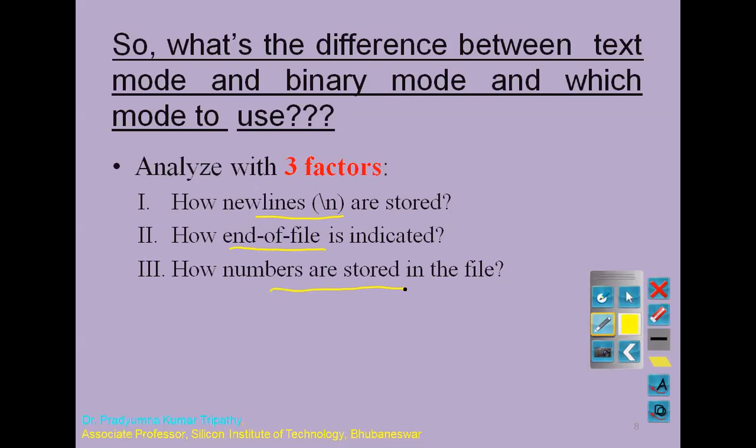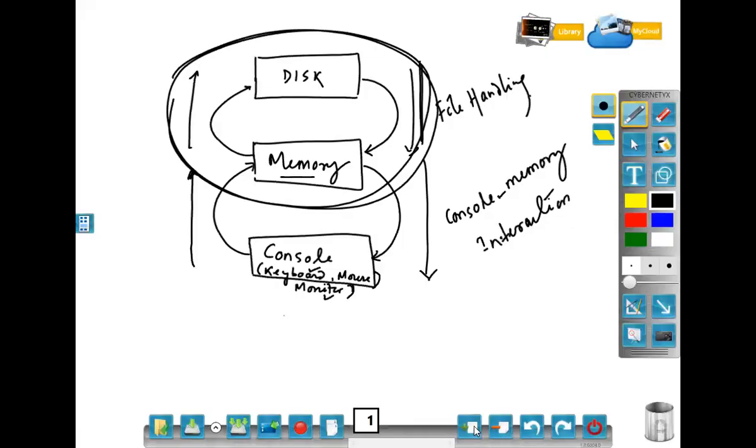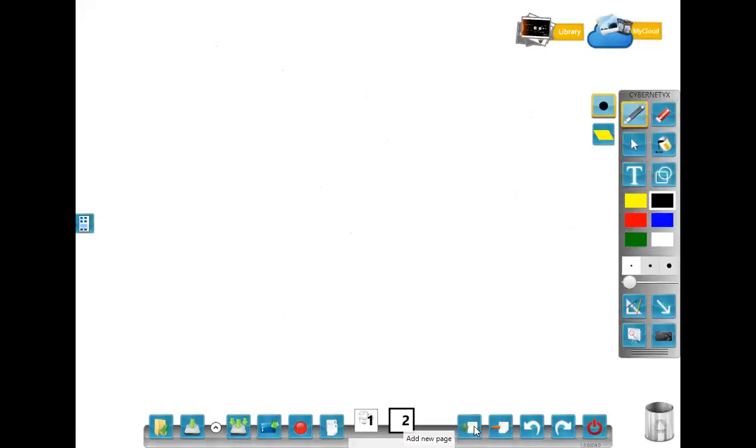Let me show you all this through an editor. The first difference I mentioned is the conversion of the \n character. What does it do?